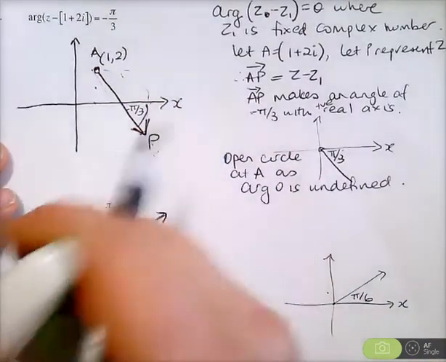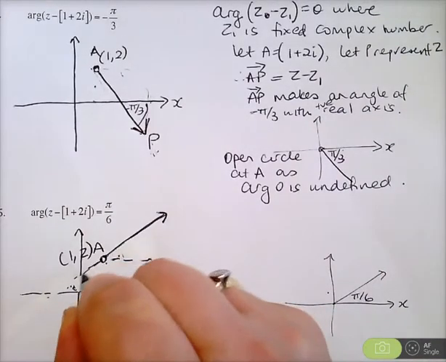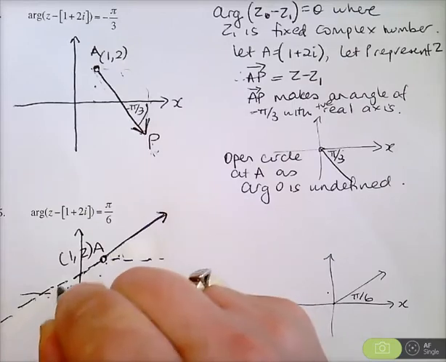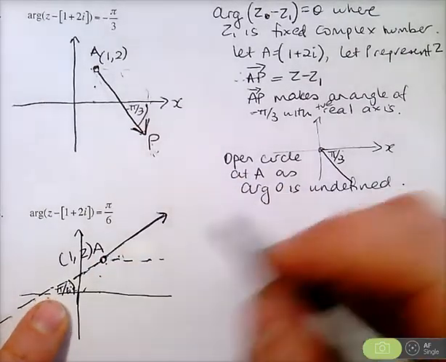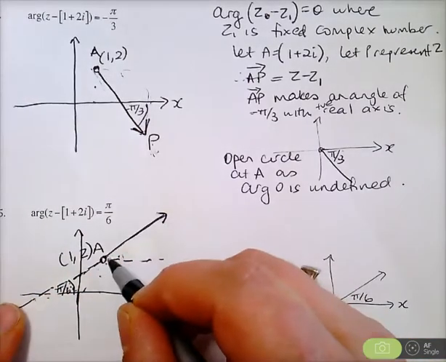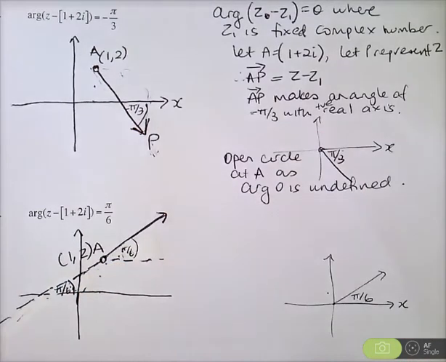Let me just fix this. If I continue that, the angle that it makes with the positive real axis is pi on 6, but that's actually not the vector down there. It's the same as putting the pi on 6 here. It looks a bit crooked.